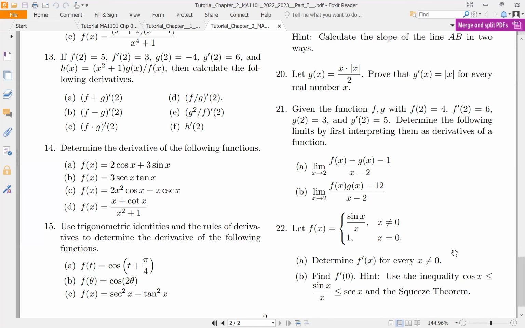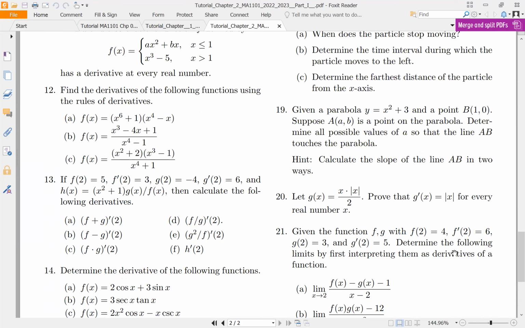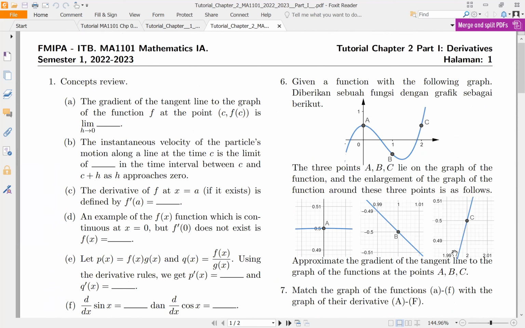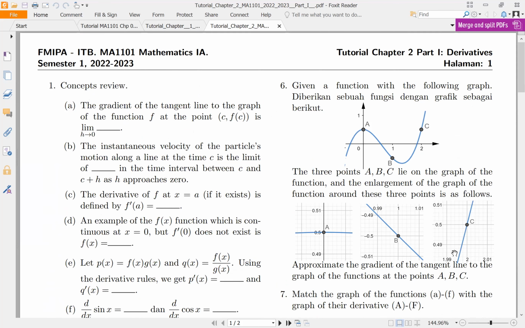Okay, so now for chapter 2 about the derivatives, the usual concept will be to see the meaning of the derivatives. As you have done before, the meaning of the derivative of some function is the slope or the gradient of the tangent line to the graph of the function at a given point.